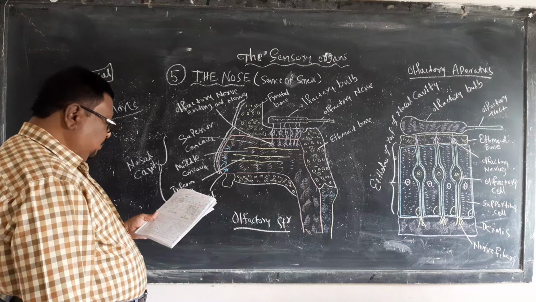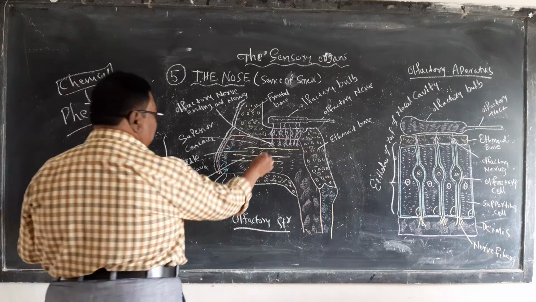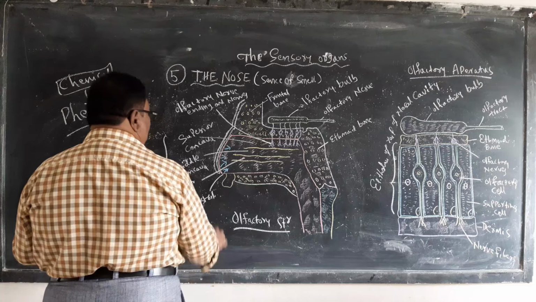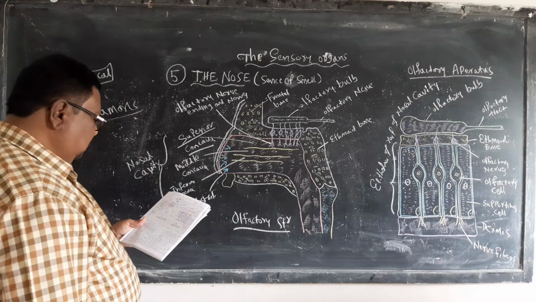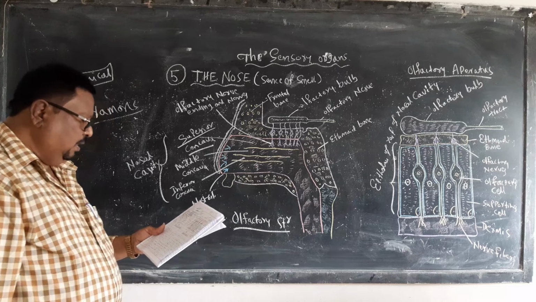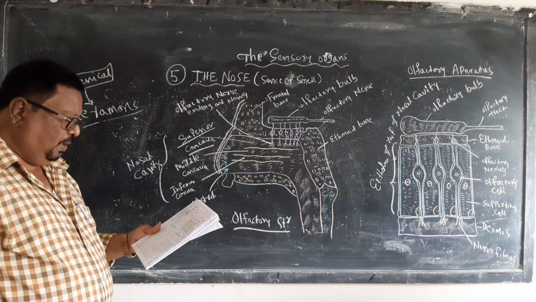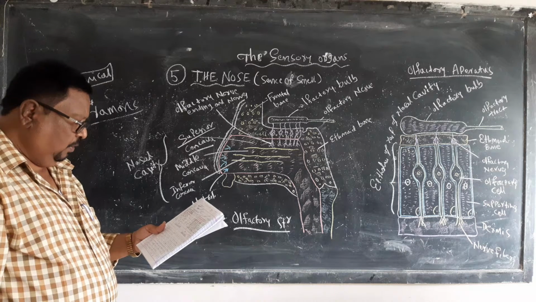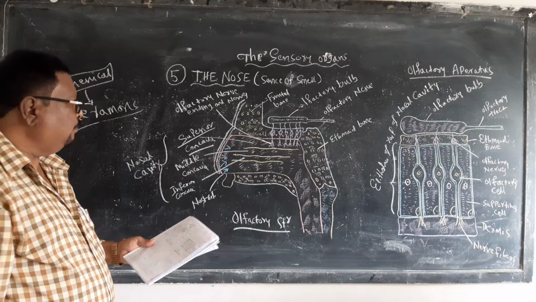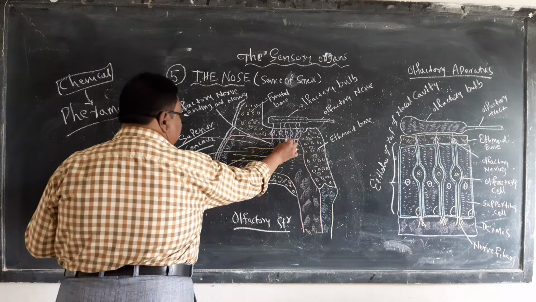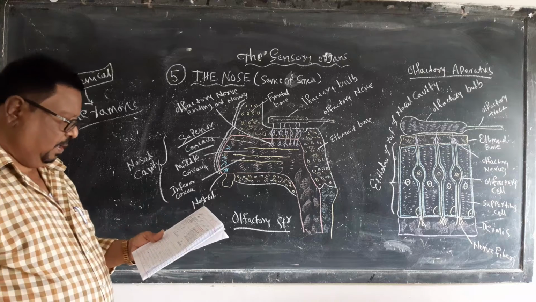The olfactory receptor cells are present in the epithelial lining of the mucosa of the superior concha, which is the first part of the nasal cavity, at the roof portion. Here this is the roof portion, and in the roof portion these olfactory receptor cells are present.